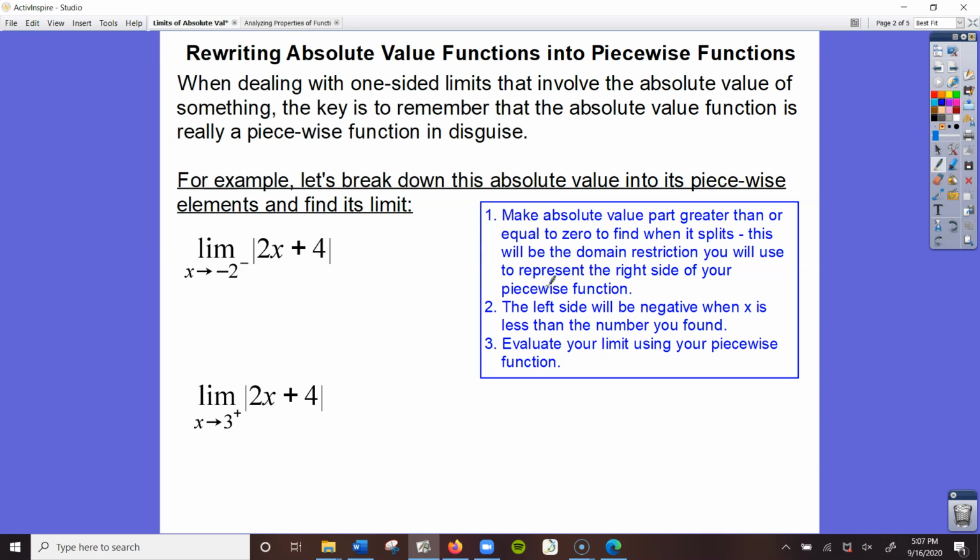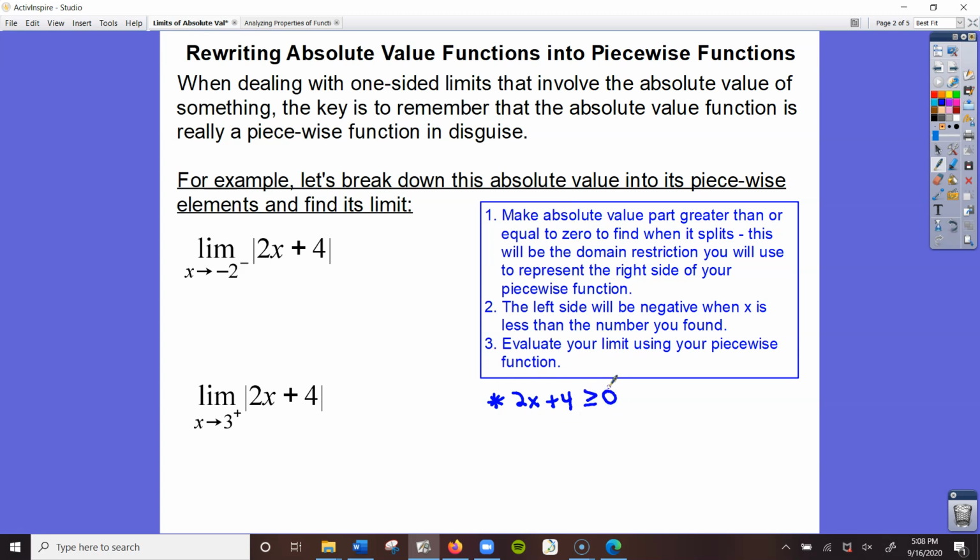I have some steps here for you to follow. The first one is to make the absolute value part, meaning whatever is inside of the absolute value, greater than or equal to 0. So I'm going to take that 2x plus 4 and make it greater than or equal to 0.